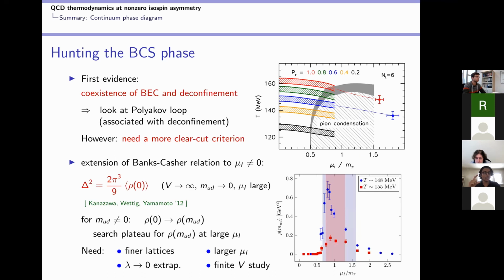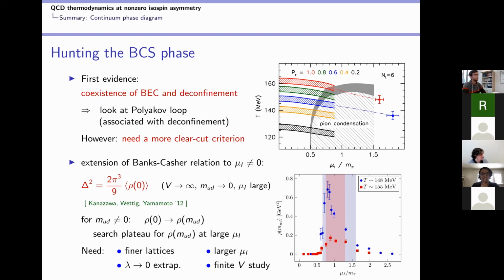So we know, at least in the asymptotic regime, that this transition has to be there within the pion condensed phase. That's a model independent argument for why the deconfinement transition has to be within the pion condensed phase. Obviously, that doesn't guarantee that it is in here away from the asymptotic limit, but at the very least for large isospin chemical potentials, we can be fairly certain that that's the case.